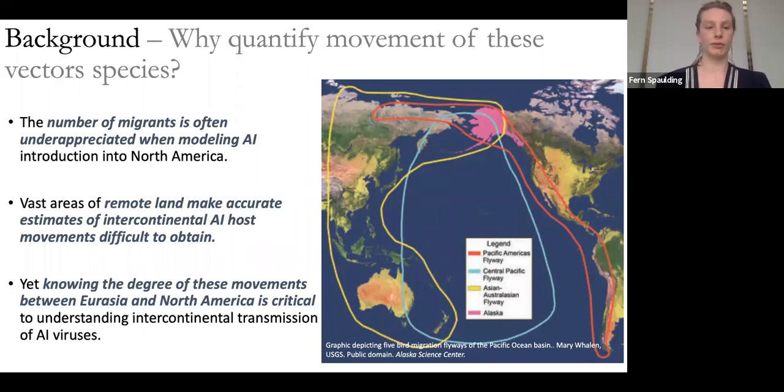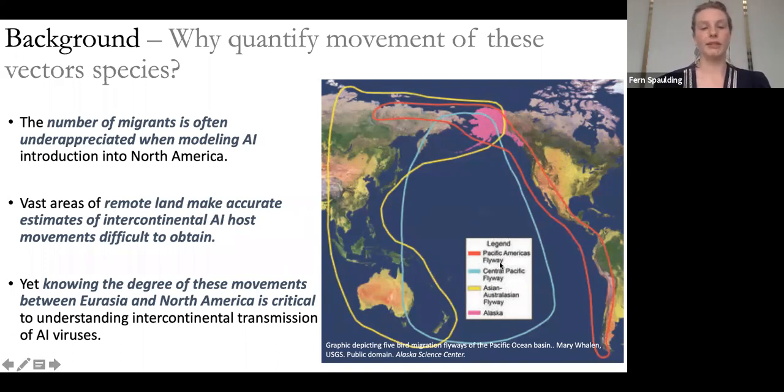Likewise, vast areas of remote land make estimates of intercontinental avian influenza host movements difficult to obtain, because you're limited by how many observational field sites you have and your ability to get to these remote areas to do these observational studies.